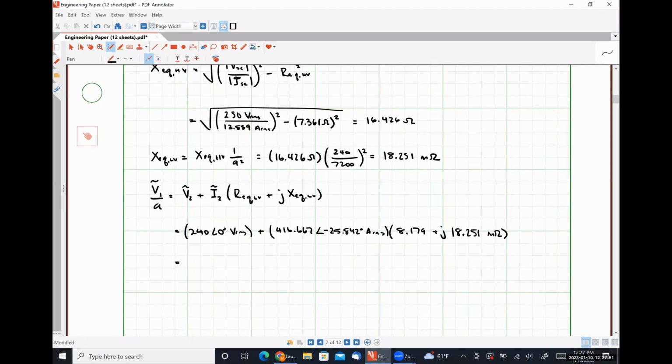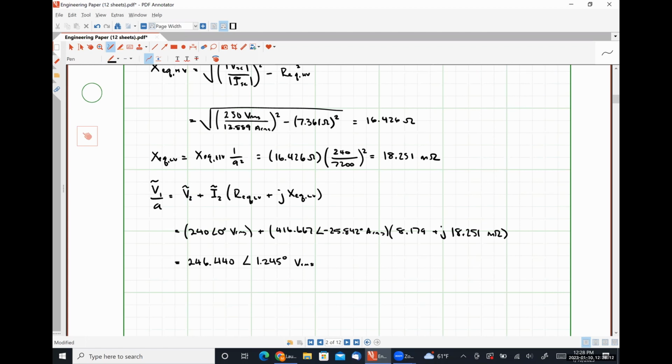In polar coordinates, this comes out to be 246.440 with a phase angle of positive 1.245 degrees volts RMS.